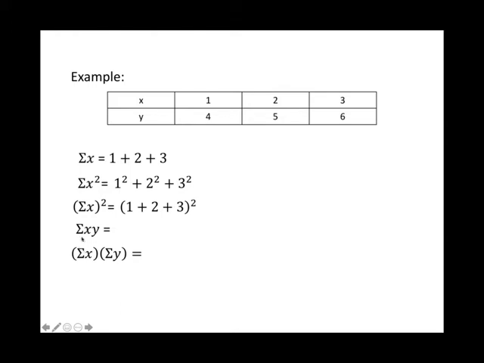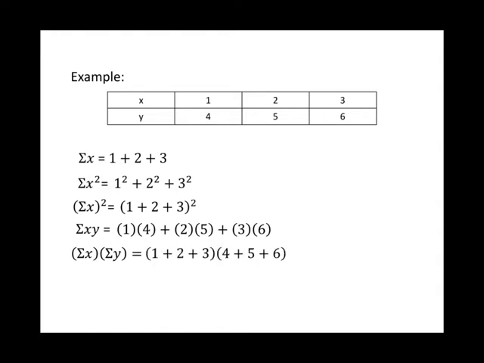Summation XY. So this one you want to multiply X and Y first and then add it up together. So you will have 1 times 4 plus 2 times 5 plus 3 times 6. Last one. You're going to add up all the values of X, add up all the values of Y, and then multiply together. Okay, again, don't mess up these two also.